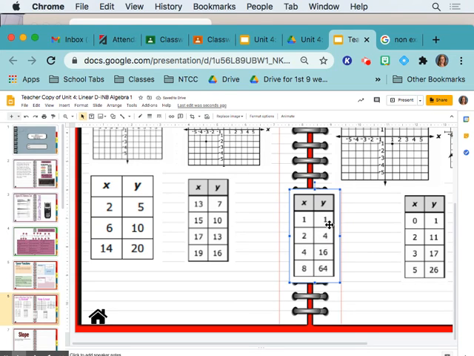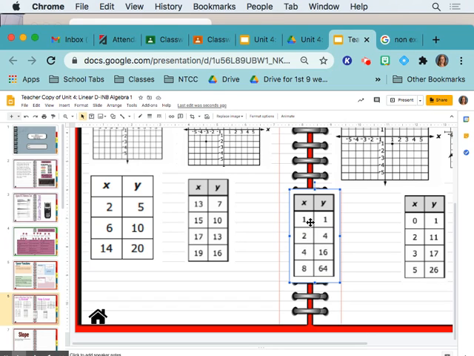1 to 4. How much did that go up by? 3. 4 to 16. 12. 16 to 64. Oh, what is that? Like 40 something? 48? If you subtract them. Right? Okay, and then the x's, this went up by 1, but then this went up by 2.